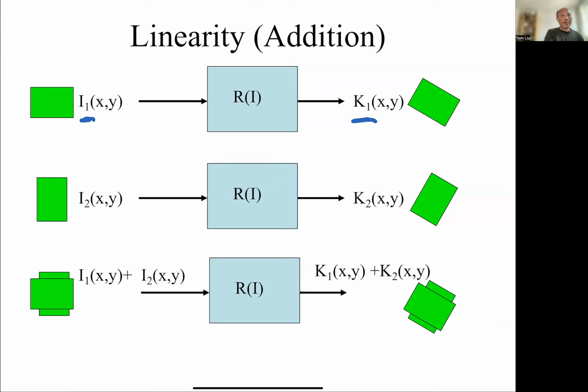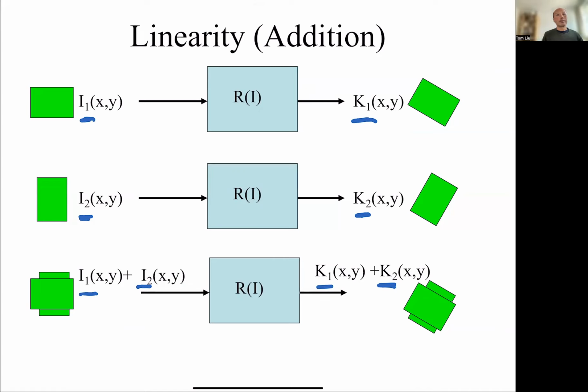Then I think about another object I sub 2, and my system gives me an output K sub 2. Linearity means that if I put in an input of I1 plus I2 and the system satisfies addition, the output will be K1 plus K2.